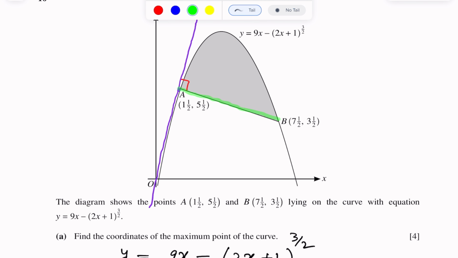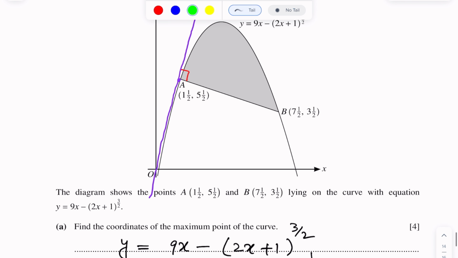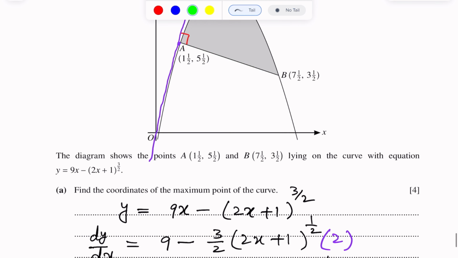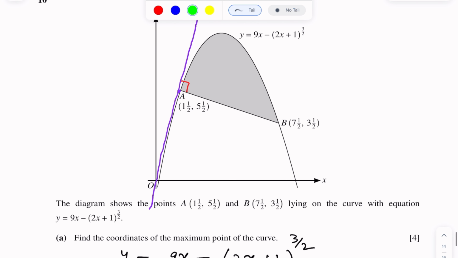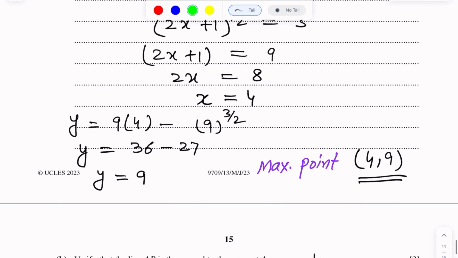Since the product of the gradient of these two lines AB and this tangent is equal to negative 1, we can say that AB is a normal to the curve at point A, because this line AB is making an angle 90 degree with the tangent. This is verified.